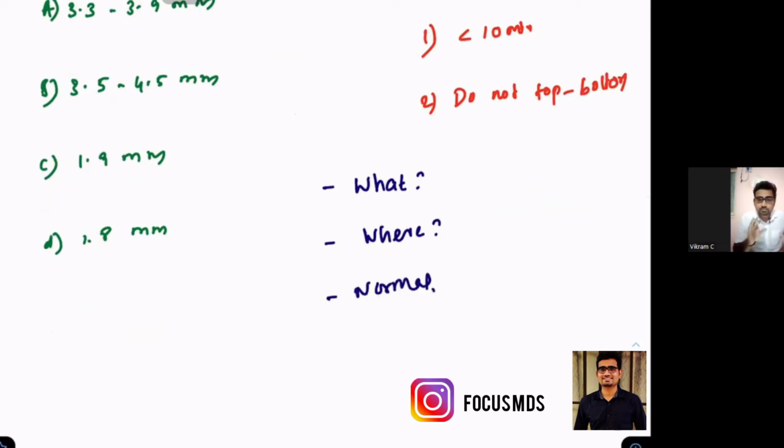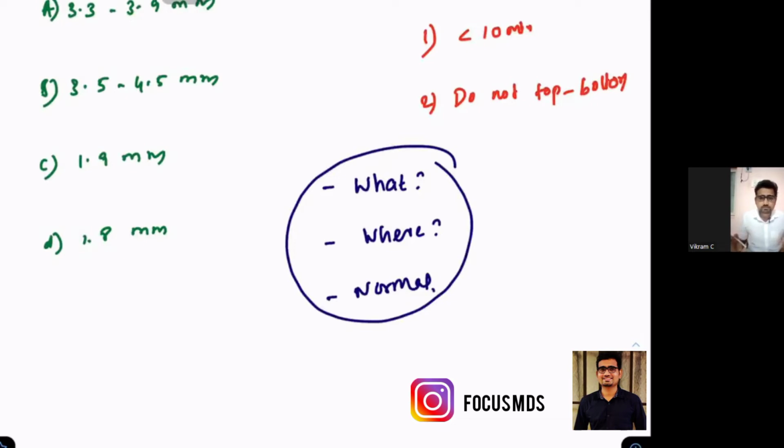These are the three things you should read from the textbook pertaining to this MCQ, nothing more than that. If you come across these three within 10 minutes, that is done. You can just close the book and move on to the next MCQ.